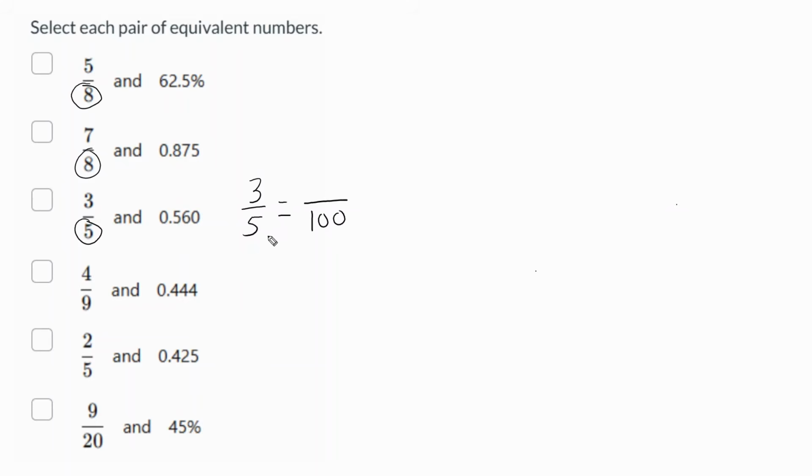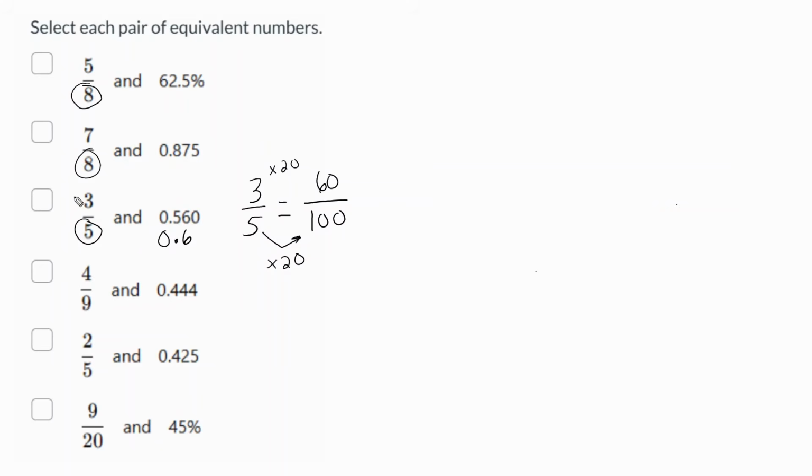So we ask ourselves, how many times does 5 fit into 100? And that would be 20. We know this because we can take 100 and divide it by 5 to get 20. So 100 is 20 times bigger than 5. So we make the 3 20 times bigger, and that makes 60. This gives us 0.56. If it was 60%, then it would be 0.6.